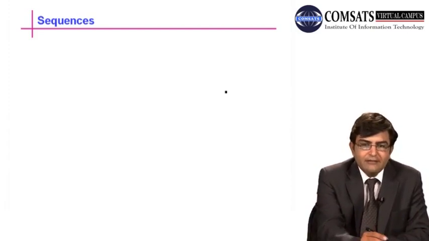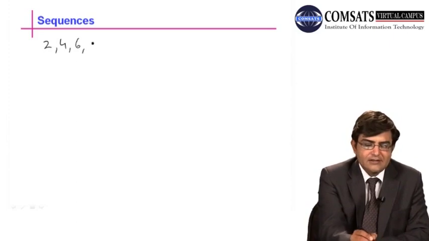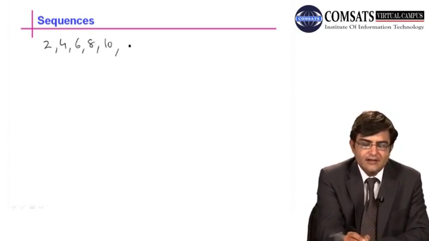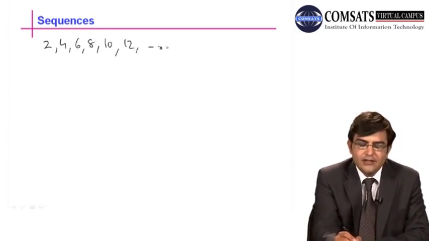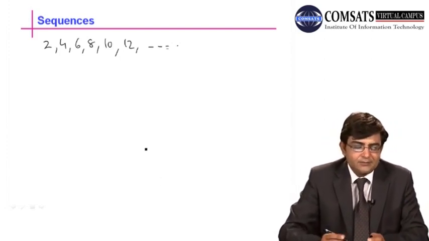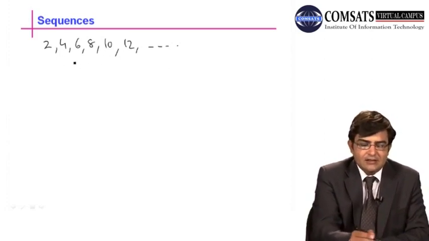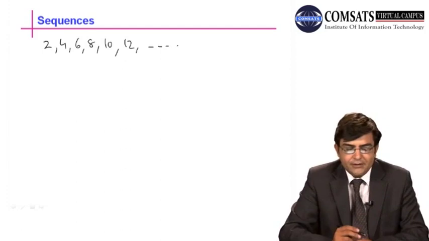For example, a very simple sequence is 2, 4, 6, 8, 10, 12, 14 and so on. A sequence basically is a set of numbers in which there is a relation between every number.